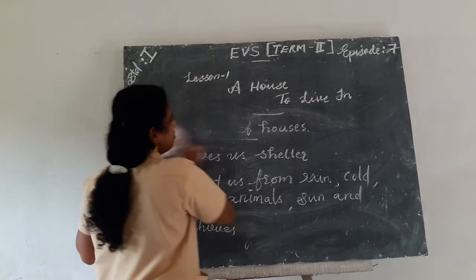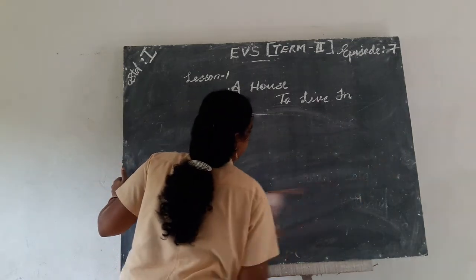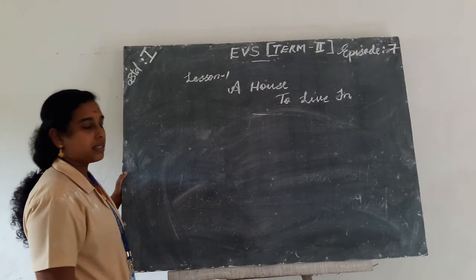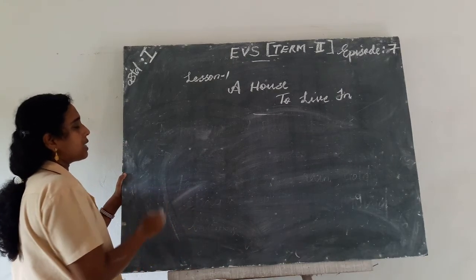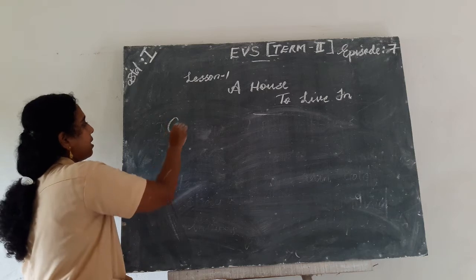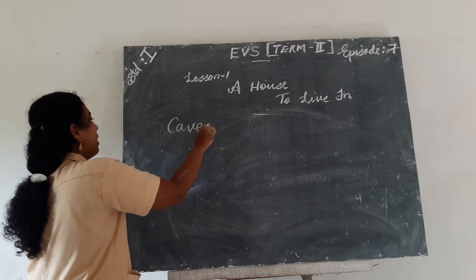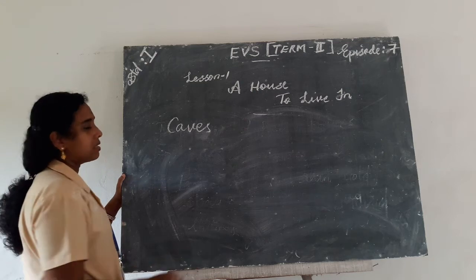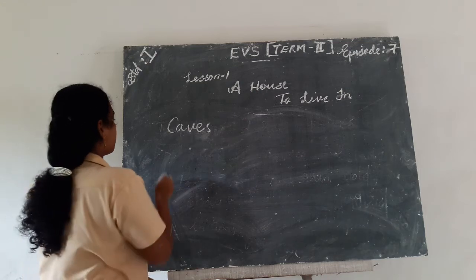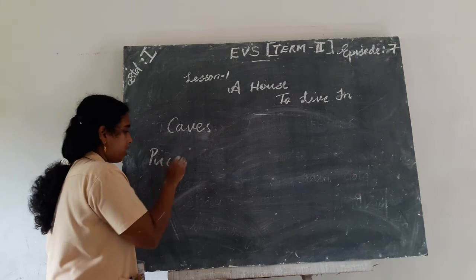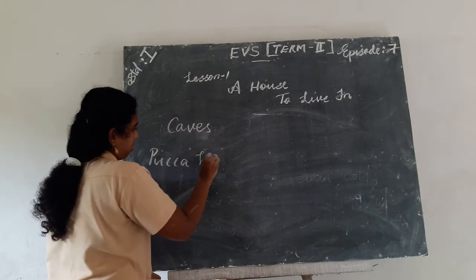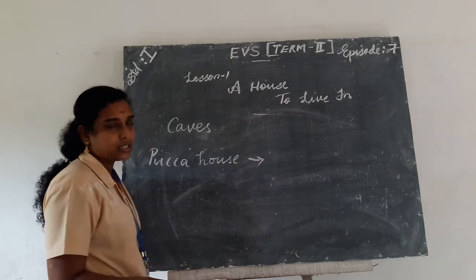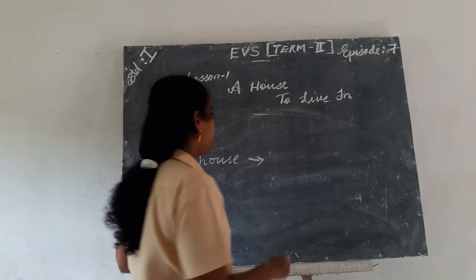Then we discussed different types of houses, and the early man lived in caves. C-A-V-E-S, caves. And we also discussed two types of houses, pakka house and kacha house.